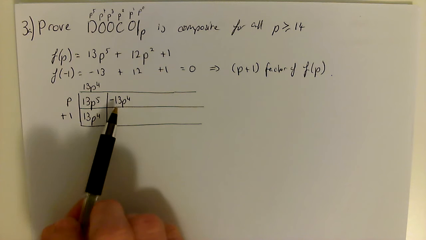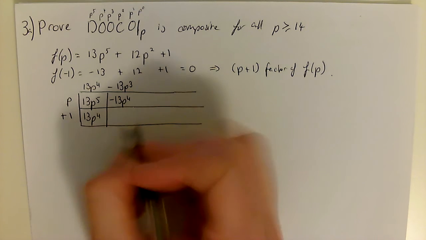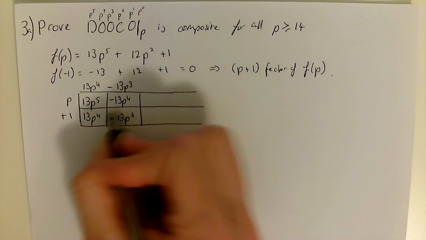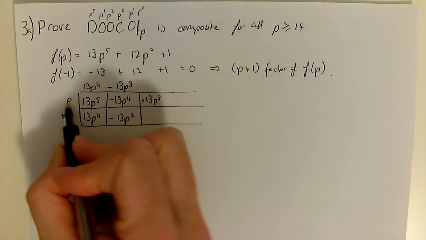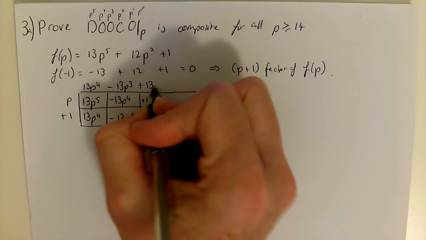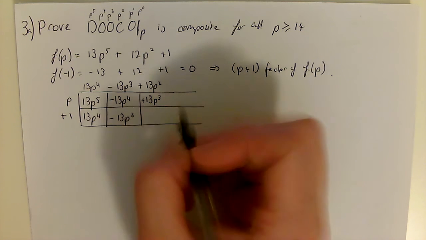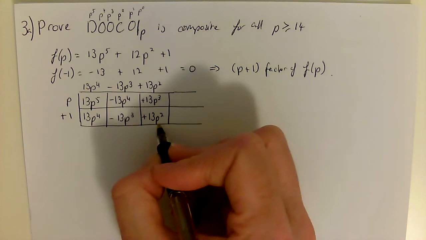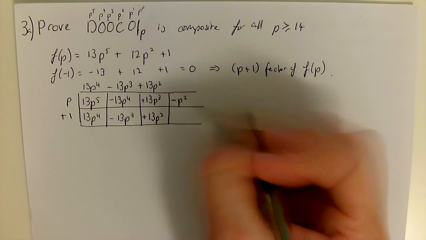Then we think how many p's go into that? Minus 13p cubed. Multiply these out. I don't want any p cubed, so I need to add 13p cubed now. P times positive 13p squared will give me the 13p cubed. Now I multiply by 1. I do want some p squareds, but I only want 12 of them, so I'm going to take away a p squared.